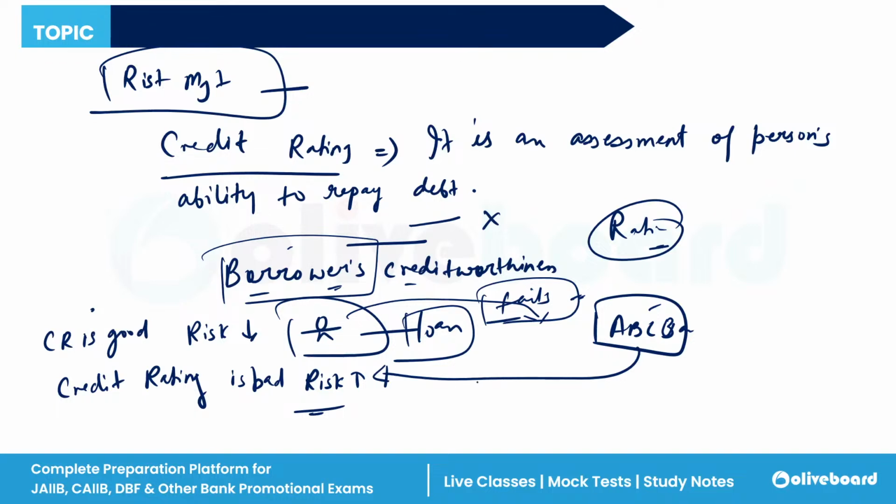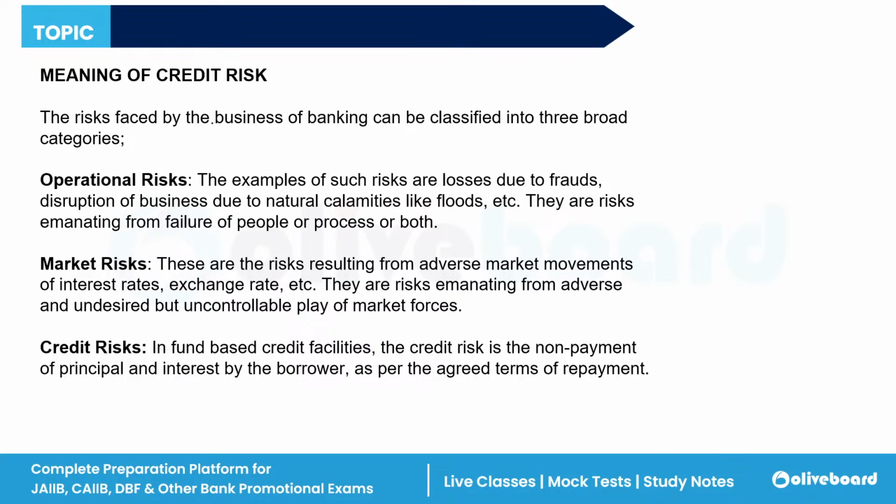Credit rating is an evaluation of the credit risk of a debt. This is what we have to study in this particular unit. Now, what is credit risk? Credit risk basically is whether the money you have lent, you will get back or not. That is what credit risk is.